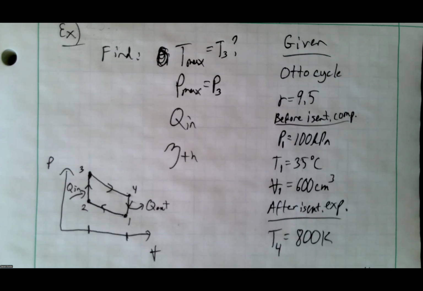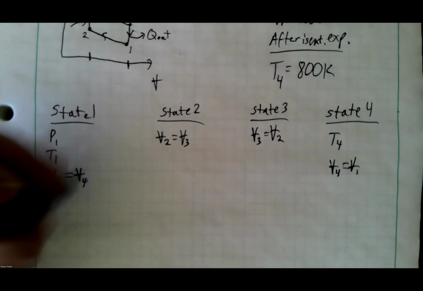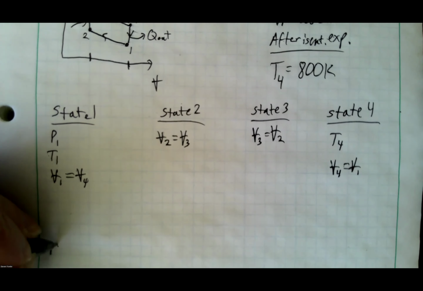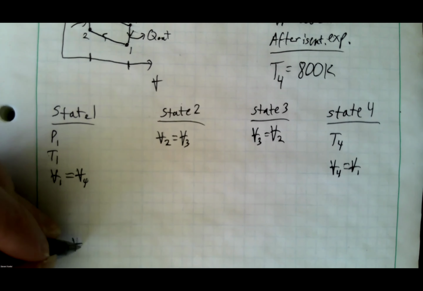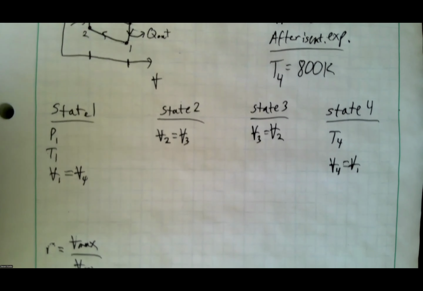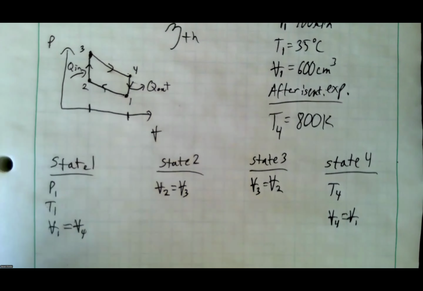All right, you got it. So normally, on another sideboard somewhere off to the side, I would write: remember, compression ratio is the ratio of the maximum volume to the minimum volume. And notice from our diagram here, there are two max volumes and two min volumes.